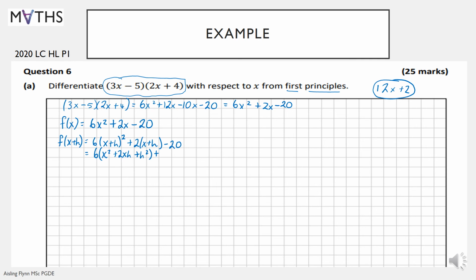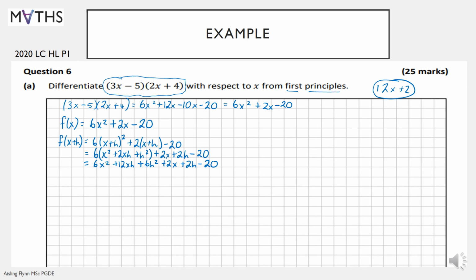Multiplying the 2 by the bracket, you get 2x plus 2h, and we'll have minus 20. Lastly, I'm going to multiply that 6 by the 3 terms inside the bracket: 6x squared plus 12xh plus 6h squared plus 2x plus 2h minus 20. So that's quite long.